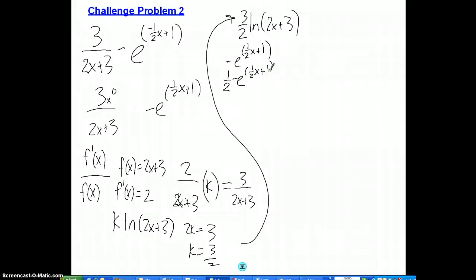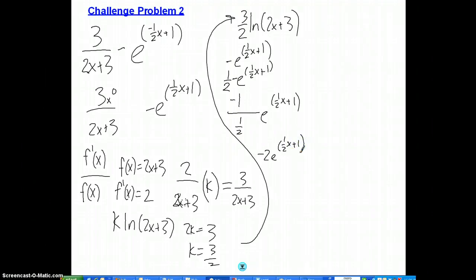So instead of 1/2 negative e to the 1/2 x plus 1, it becomes 1 over 1/2 times negative 1 e to the 1/2 x plus 1. If you rewrite this, it becomes -2 e to the 1/2 x plus 1. So that's the antiderivative of the second part.